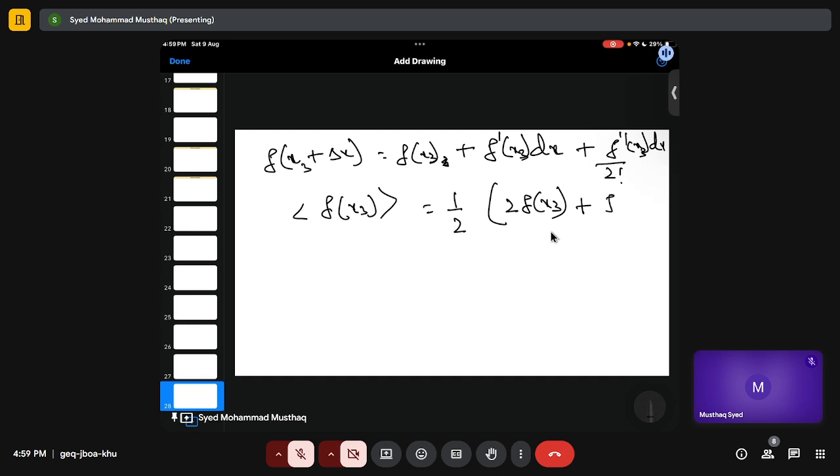So f double dash of x3 upon dx, and because I have 2 factorial, the 2 will get cancelled out. So if I multiply with 2, f of x3 plus half f double dash of x3 dx square, sorry, double derivative, right? dx square.